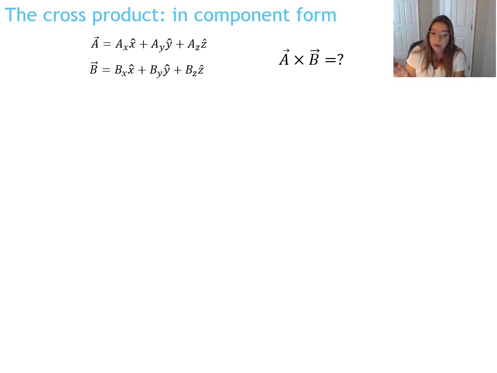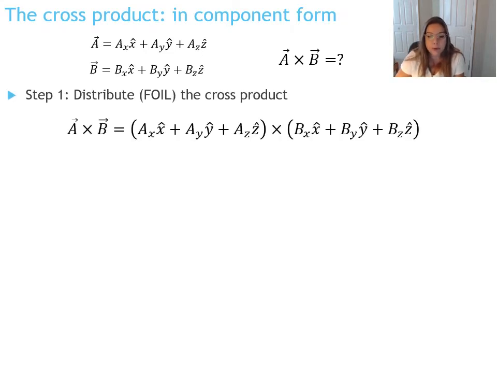And because the order of the vectors in the cross product matters, you have to be a lot more careful with what is being crossed with what. So I would first write down my two vectors in component form and then write that cross between them. I know it looks like an X, it's a cross. So A crossed with B. Now I'm going to foil or distribute that cross product among all the terms.